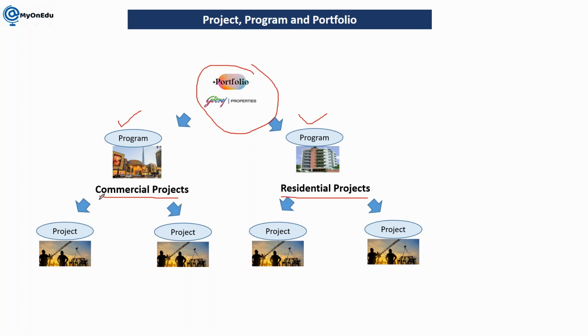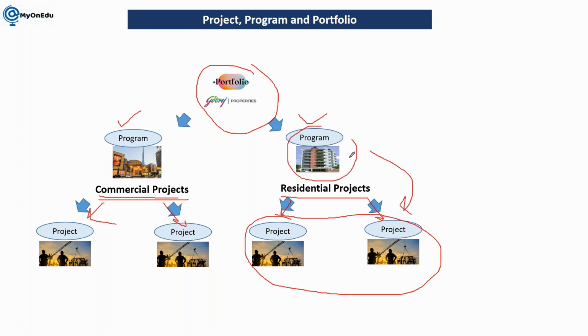For example, commercial projects can include malls and retail streets, and residential projects can have a township or individual residential buildings within them. So a program has similar kinds of projects and a portfolio has programs and projects. Finally, to achieve the goal of your portfolio, you need to execute the projects.